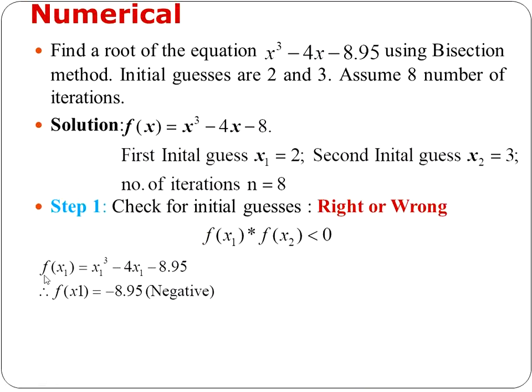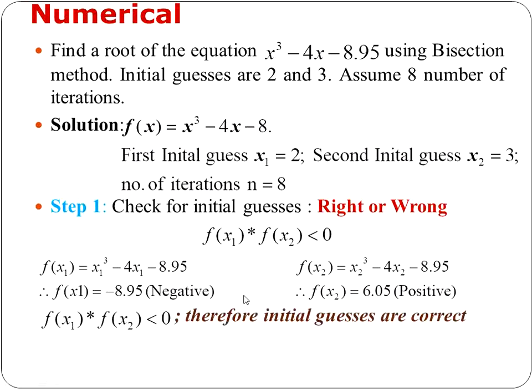So if you use initial guess x1, you will get the answer minus 8.95, which is a negative value, and by using the second initial guess, we will get the value 6.05, which is positive. If you make the product of these two values, obviously we will get a value less than 0. Then we can say our initial guesses are correct.